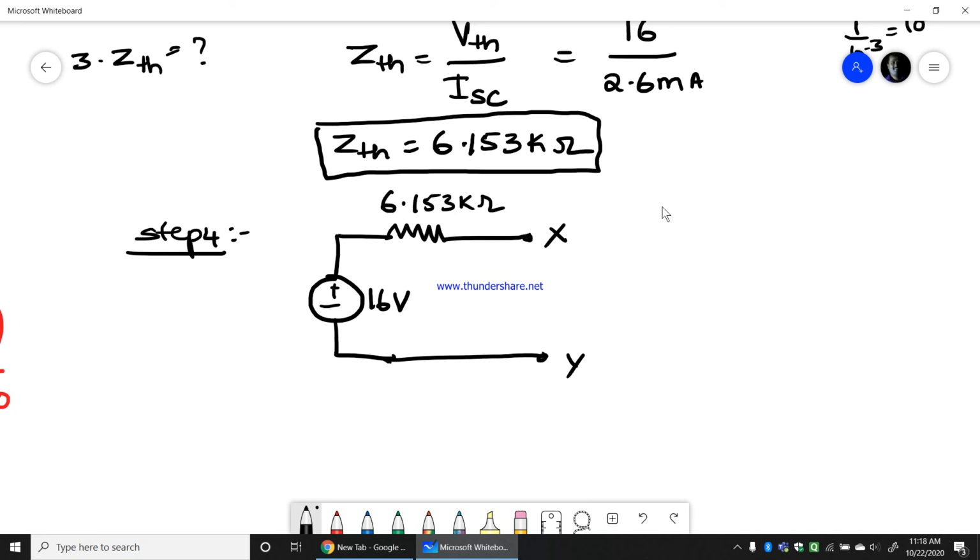Now if they ask you to write the Norton equivalent circuit for the same question, you can easily write it, because ISC has been found in this question. ISC is the current which we have got, and this would be the RTH in parallel, and then anyway the load is not given, so we'll just keep it open.